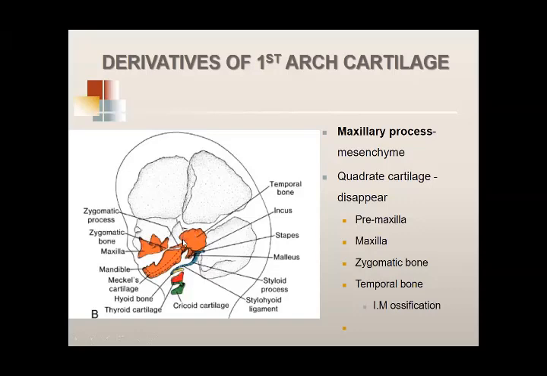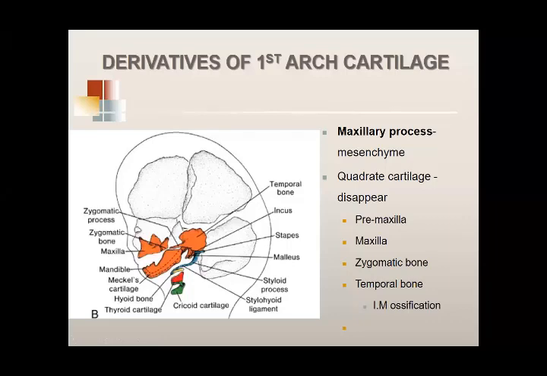Developmentally, the temporal bone begins as a bone of the face, but later it is drawn backwards and comes to be part of the skull.